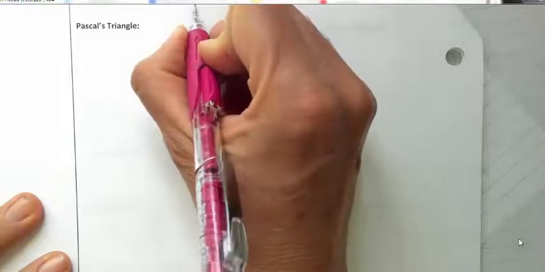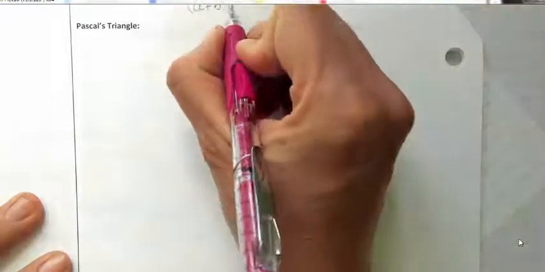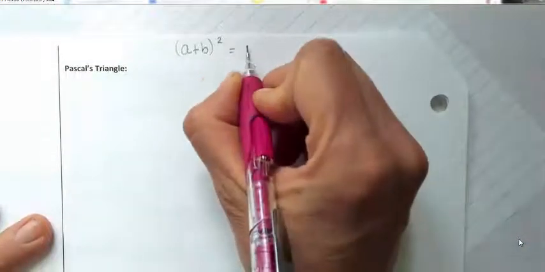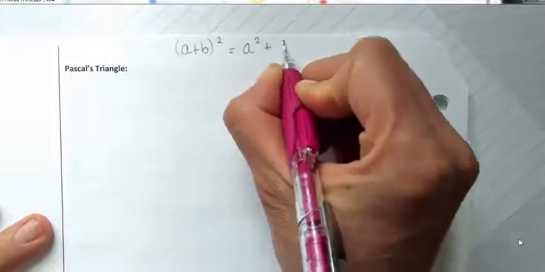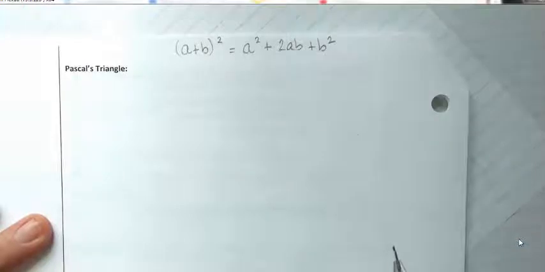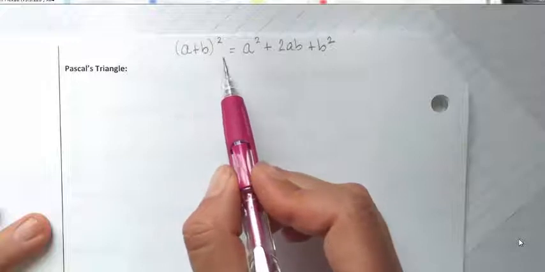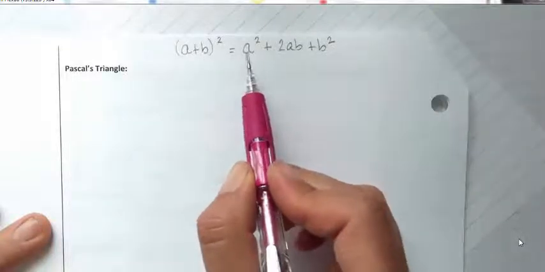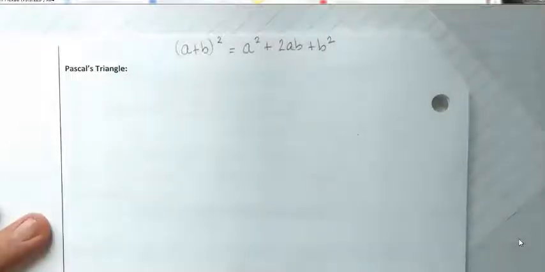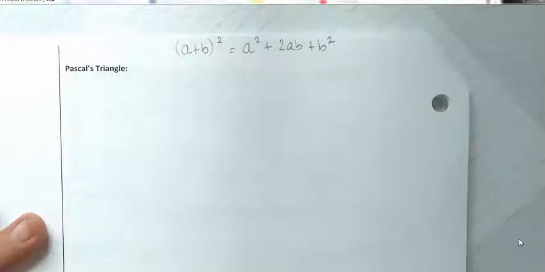So, for example, if you have a plus b raised to some power, like squared, you should be able to do this one pretty quickly in your head, but it becomes a squared plus 2ab plus b squared. And that's pretty easy. But what if I gave you a plus b to the 9th power? You would have a pretty hard time knowing what these coefficients were, and nobody expects you to multiply that out 9 times. So that's where Pascal's triangle really comes in handy.